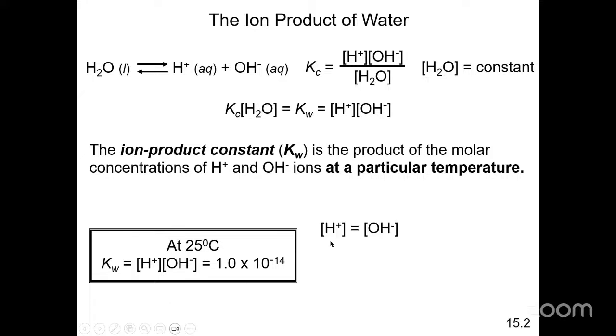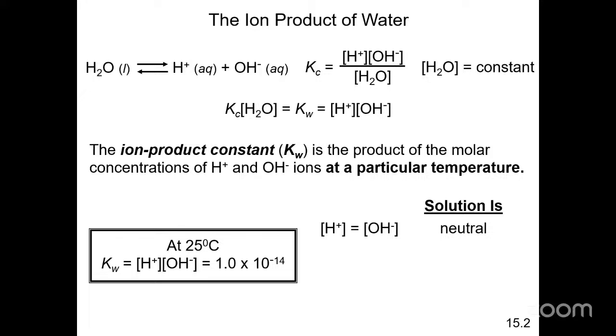Now, if the concentration of hydrogen ions is equal to the concentration of OH minus, that means that this and this would be the same, which means that the concentration of H plus would be the square root of that. But before we get to that, by definition, the solution will be neutral if the concentration of the H plus and the hydroxide ion are equal to each other.